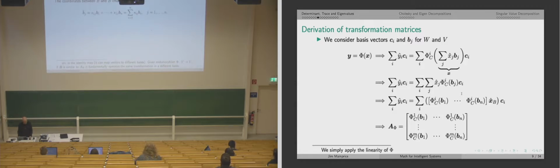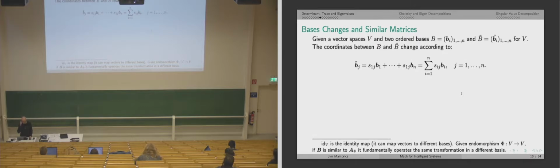Okay, so the last thing is saying that if we're now considering the case where we have two ordered bases for the same vector space, then similarly, we can define a transformation matrix which is called S, which is operating a basis change.